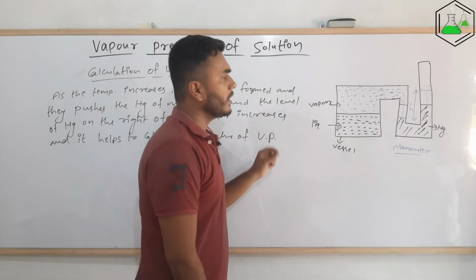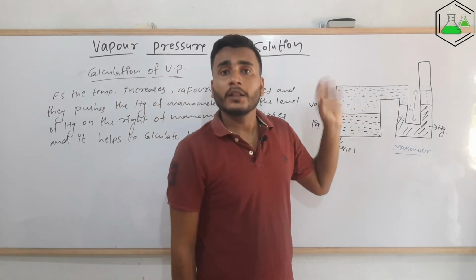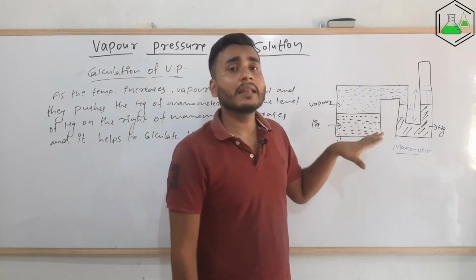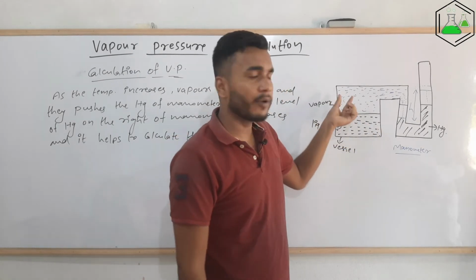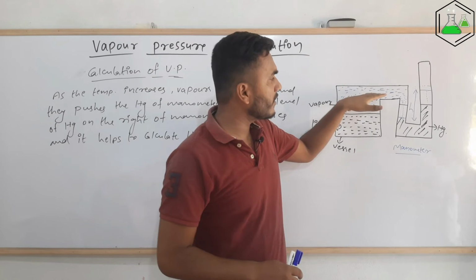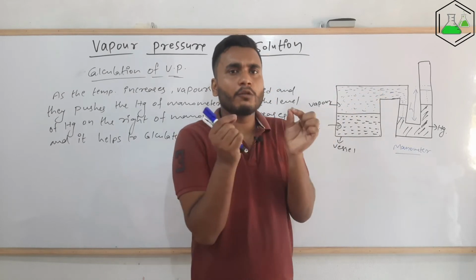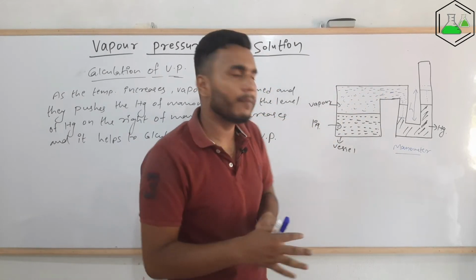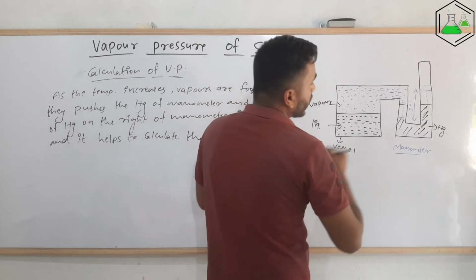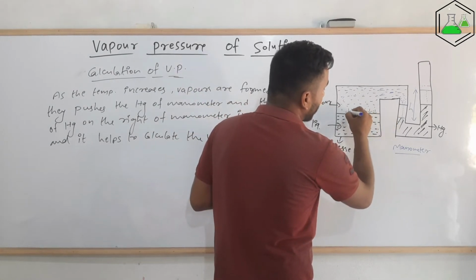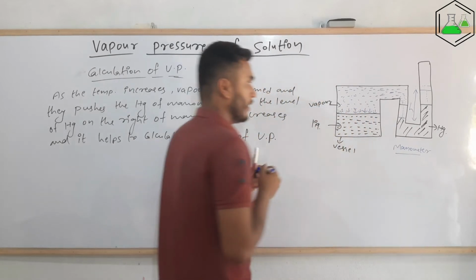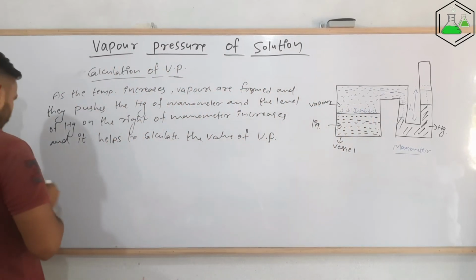Now what will happen as they are evaporating? Then obviously there will be condensation as well. That means if the vapors are evaporating, then after some time the temperature of them might fall, or the molecules might collide and lose energy. There might be any process. Because of that, some of the vapors will start to form liquid again, okay? Let me write it over here.